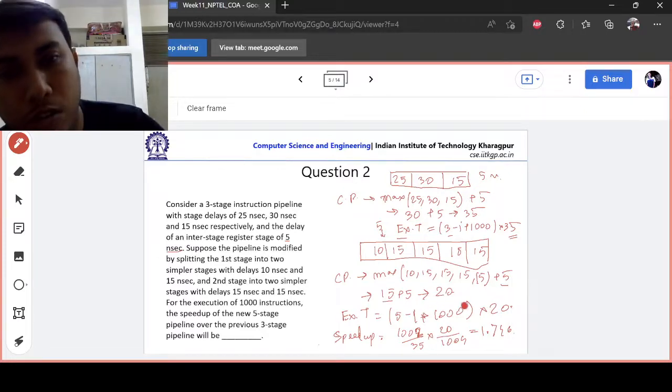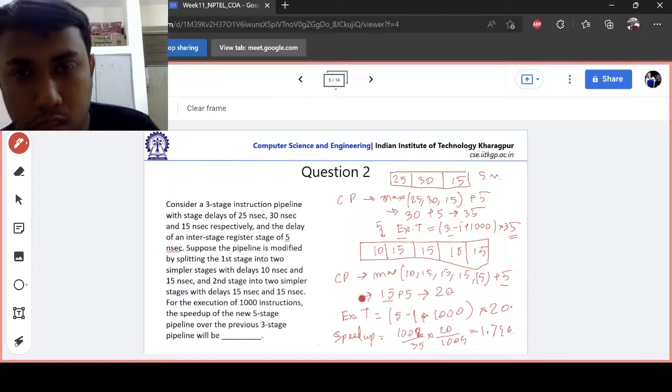So that will come out to 20. So what will be the execution time? For the 5 stage pipeline, that is 5 minus 1 plus 1000, the time required for each instruction, into 20. Why 20? Because it is given the clock period, right?